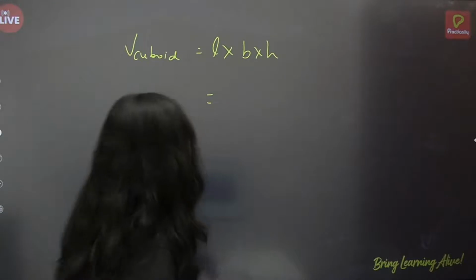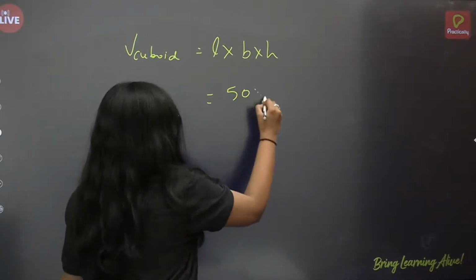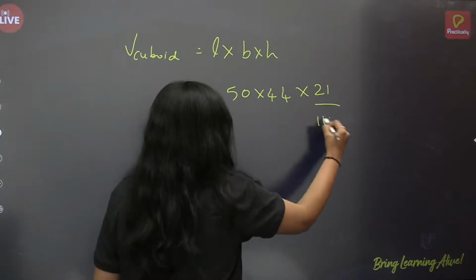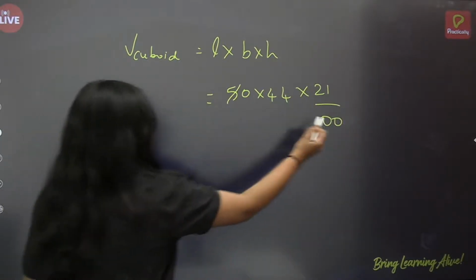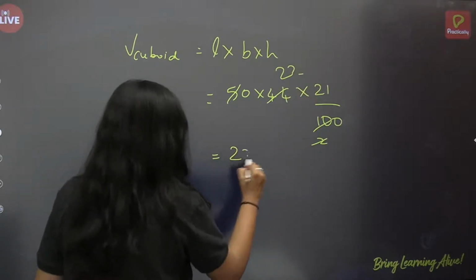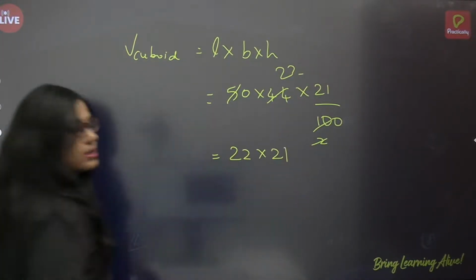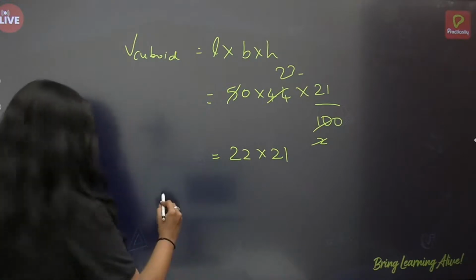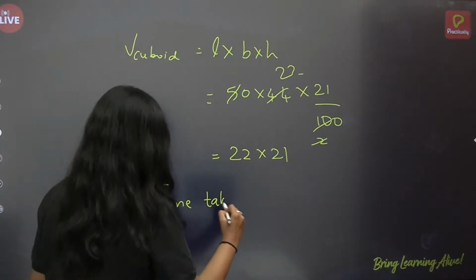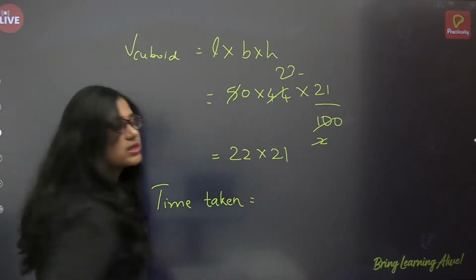Now, 50 into 44 into 21 by 100. So, 50 times 2, 2 times 22. So, this is 22 into 21. Right? Now the time taken. What is the time taken?